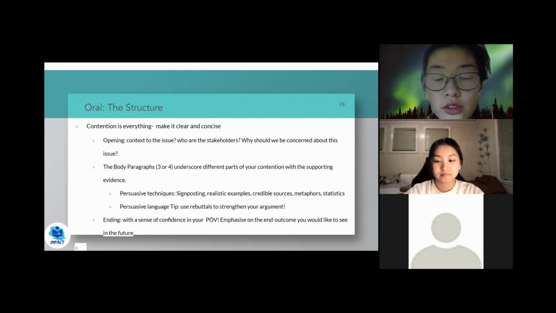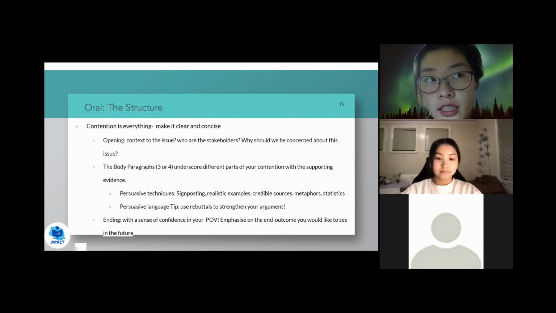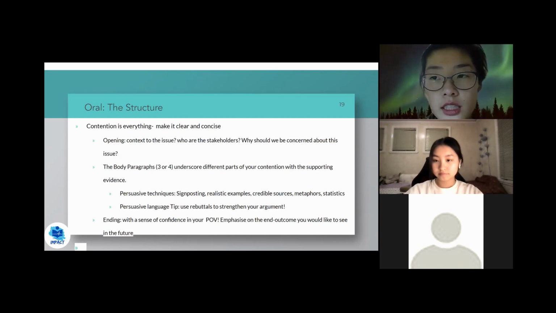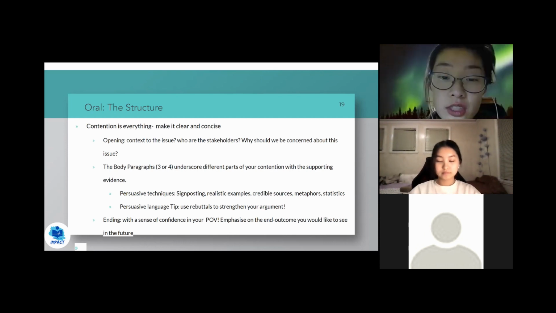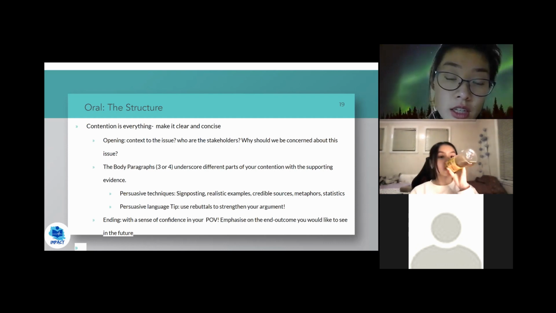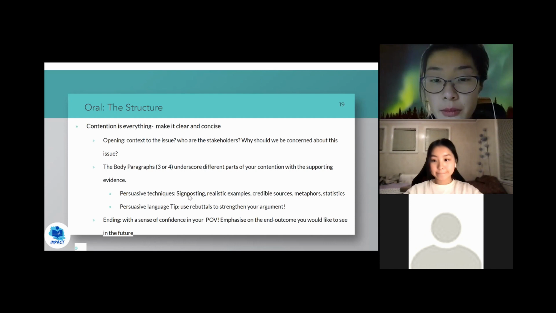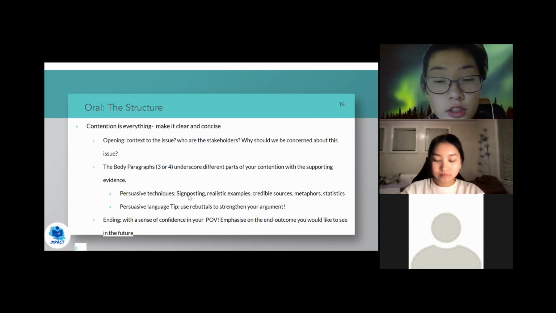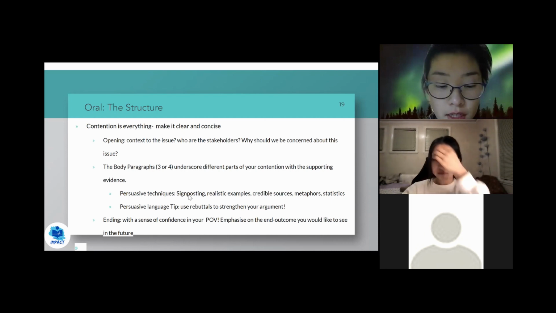And you can borrow some of the language techniques that you've seen in speeches, that good speakers use. So some examples are signposting, making it super easy to follow, and then having realistic examples.